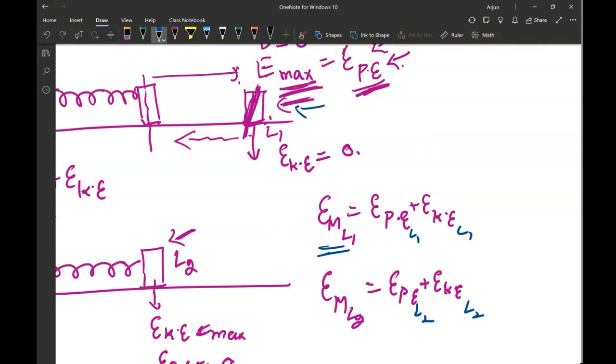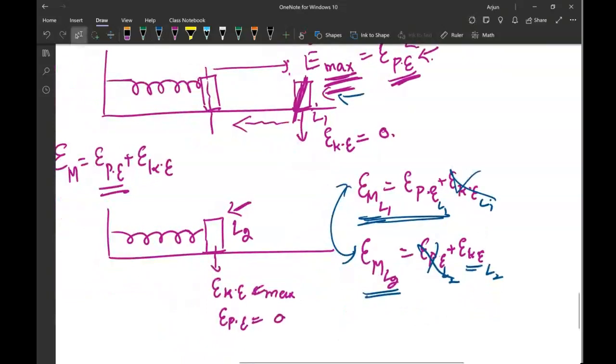At location 1, kinetic energy is 0, so mechanical energy is the same as potential energy. At location 2, the mechanical energy is equal to kinetic energy, potential energy is 0. Mechanical energy remains constant because we are assuming no losses in this question.